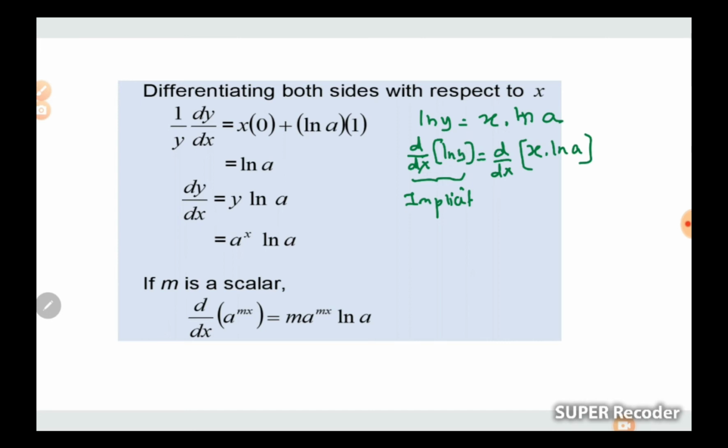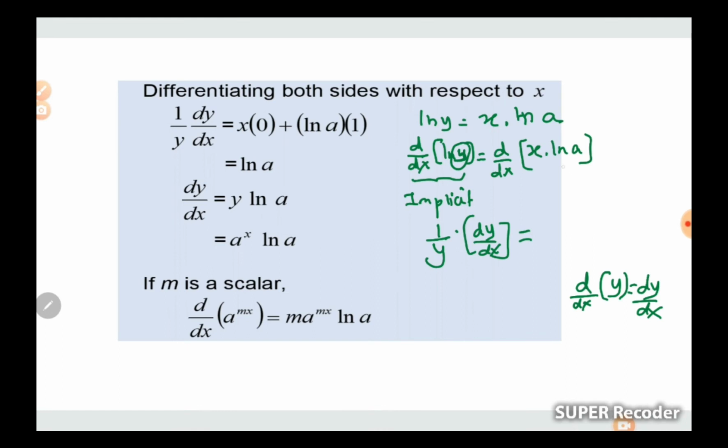Now y is a function not in terms of x. So how to differentiate ln y? Differentiate ln y is 1 over y. Then you need to differentiate y itself, d/dx of y, that is dy/dx. Please remember, differentiate y, dy/dx. So we have dy/dx here on the left side.